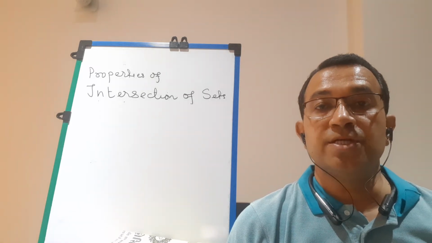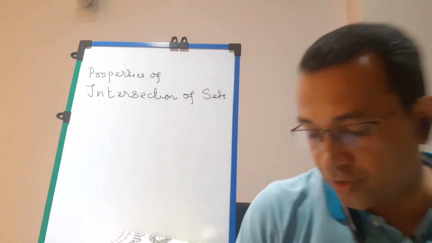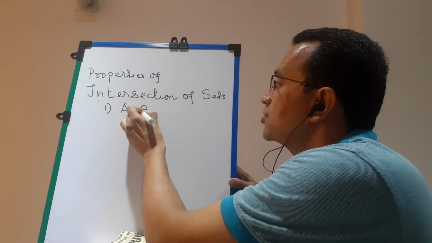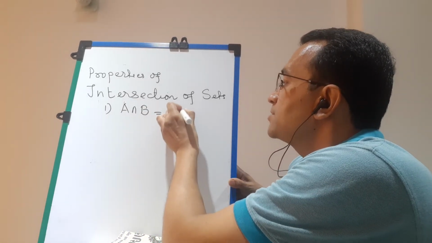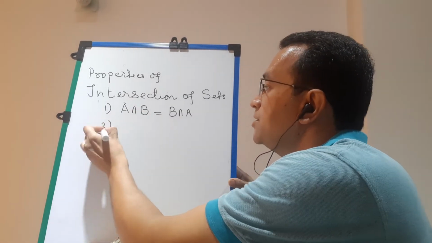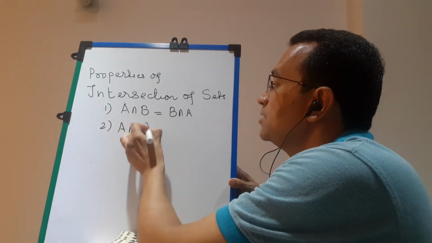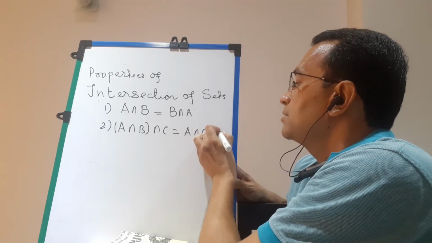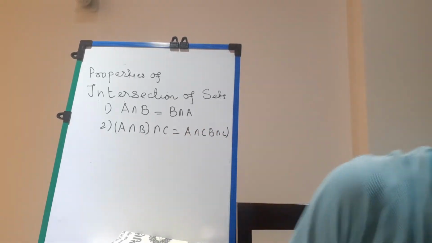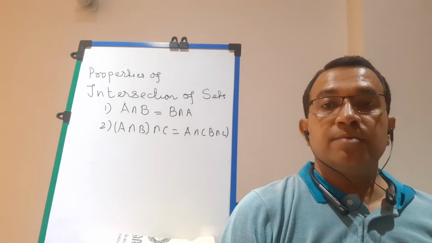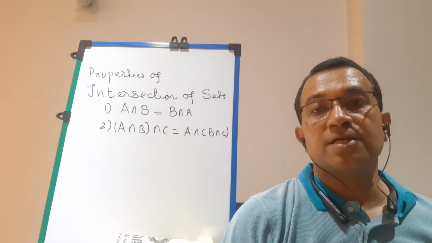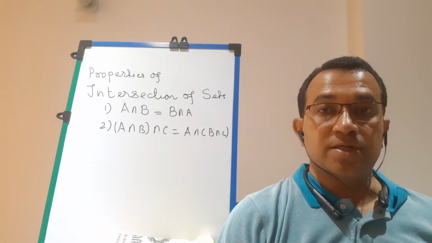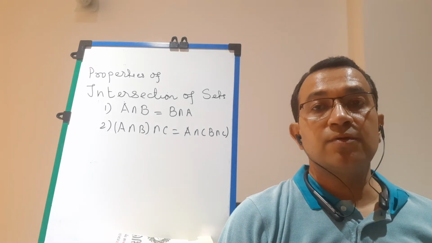A intersection B, students, is same as B intersection A. The second property is associativity. If I take intersection of A and B with C, that is same as intersection of B and C with A. So the next property, students, is associativity.